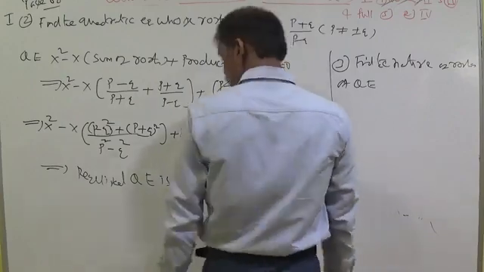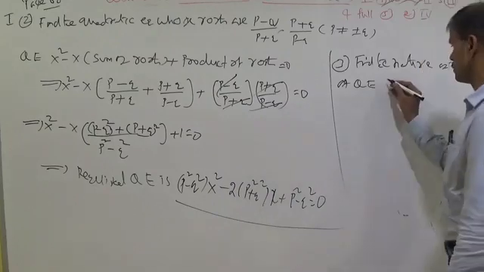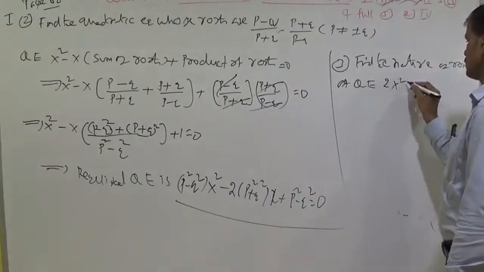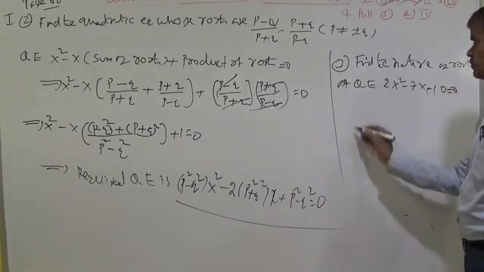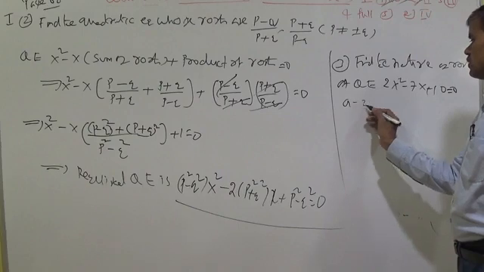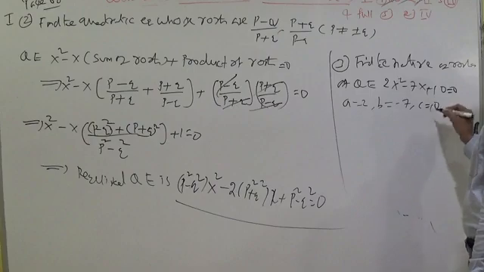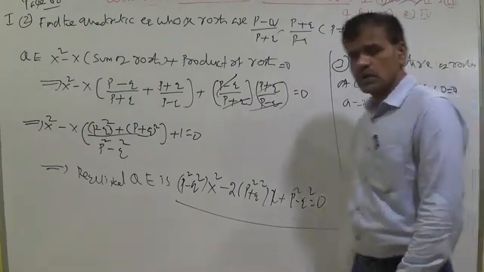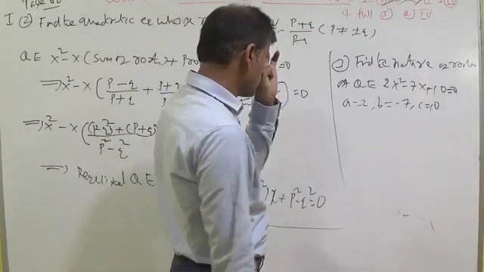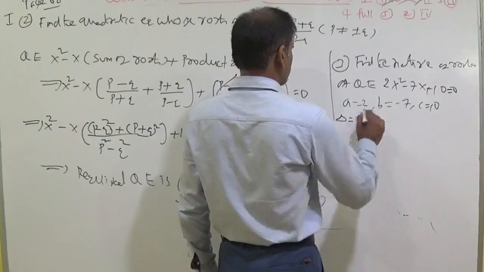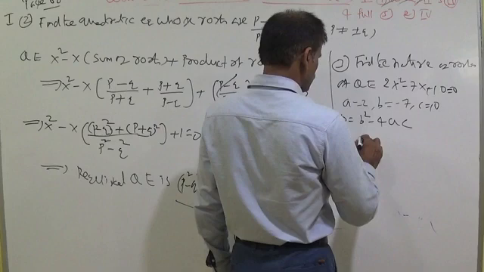Find the nature of roots of the quadratic equation 2x square minus 7x plus 10 equal to 0. Now you can write a is equal to 2, b is equal to minus 7, c is equal to 10. Let us calculate the formula of delta. The delta is b square minus 4ac.